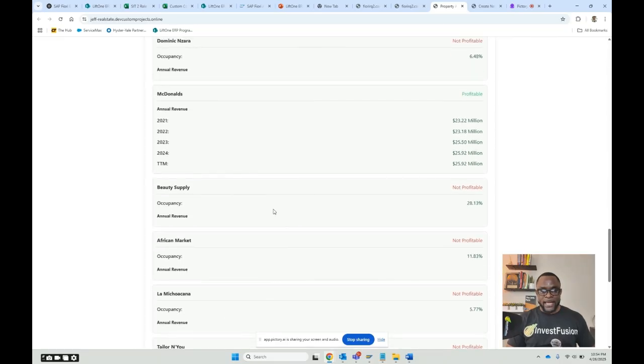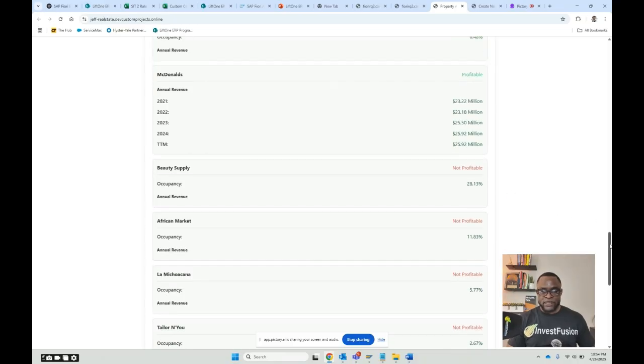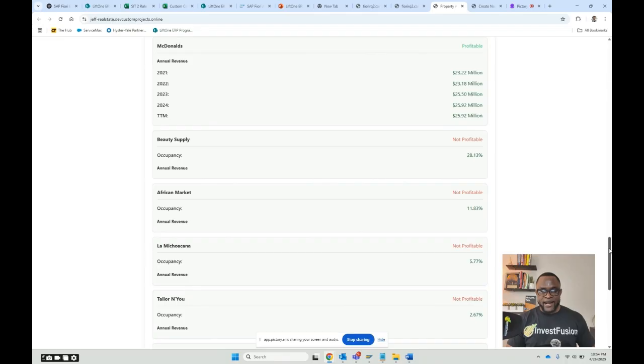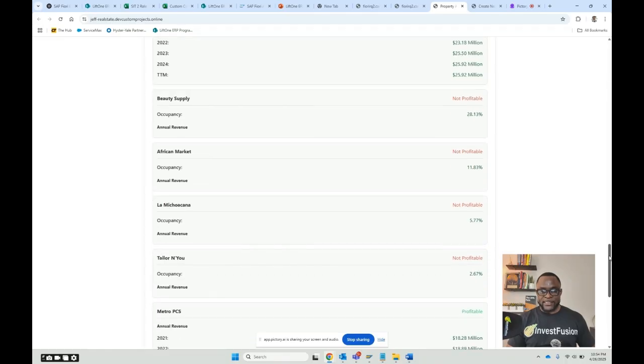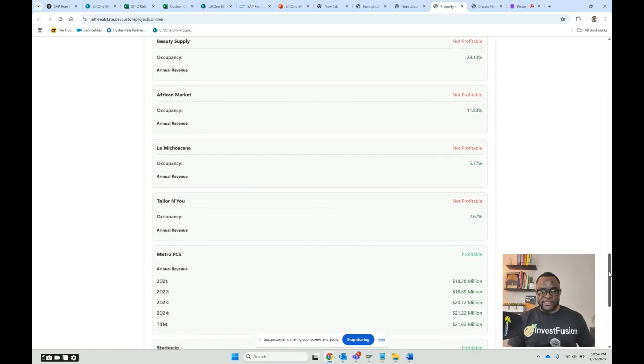Now, for beauty supply, it says occupancy is 28.13%. Again, it didn't give us the value for its numbers. For the African market, it says it's 11.83% occupancy rate. For La Michoacana, it's about 5.77%, and Taylor and Hughes about 2.66%.